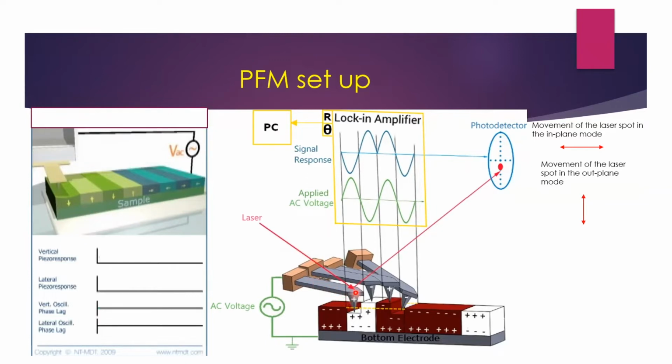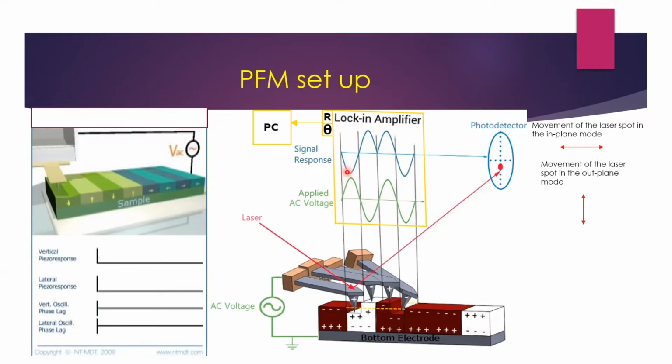With this conductive cantilever, we apply an AC bias to the sample, and this ferroelectric material is going to expand or contract due to this inverse piezoelectric effect, and this expansion or contraction of the material is going to be detected by the photodetector of the AFM, and with the lock-in amplifier, we can compare the two signals, the signal response of the material and the signal applied to the sample.